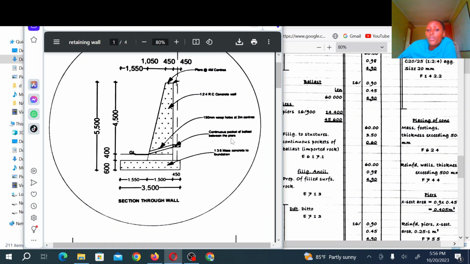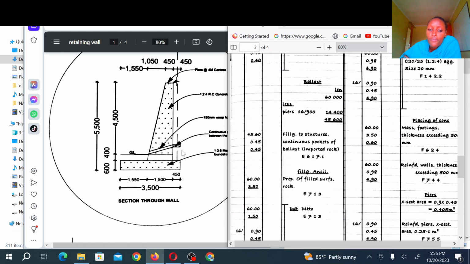So, whenever we do not have the piers, between the piers, we shall have ballast. Now, if we will be doing filling behind the wall, where we do not have the piers, we will have the ballast.